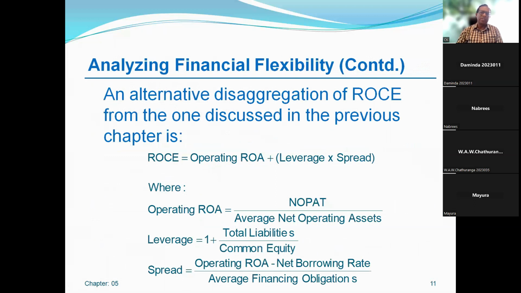There we also discussed the decomposition of ROCE and how we isolate it. I told you not to worry too much about these formulas because at the exam level, you don't need to worry about them. You won't get calculations as such. But this is a technical explanation as to how the disaggregation of ROCE can give us some insights.